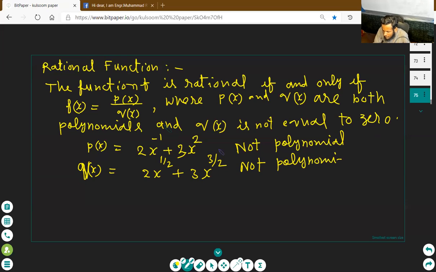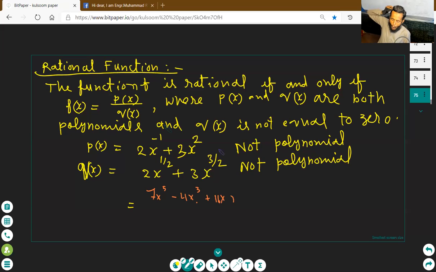Can anyone give me an example of a rational function? Give me one example. 7x^5 minus 4x^3 plus 16x minus 27, over x^5 plus 9x.